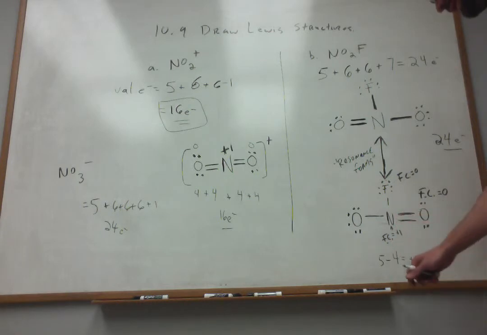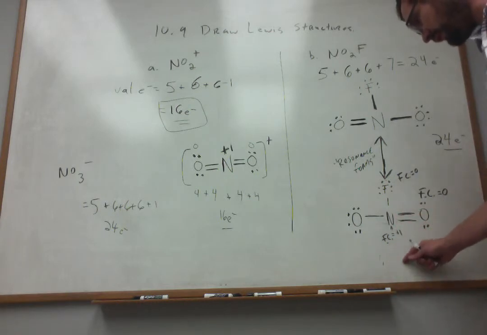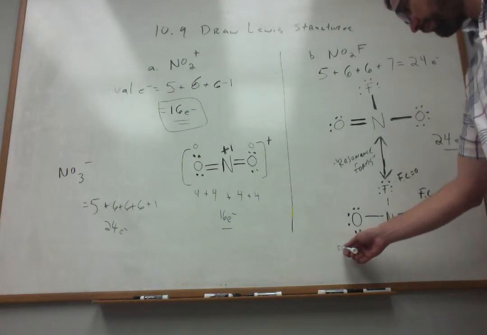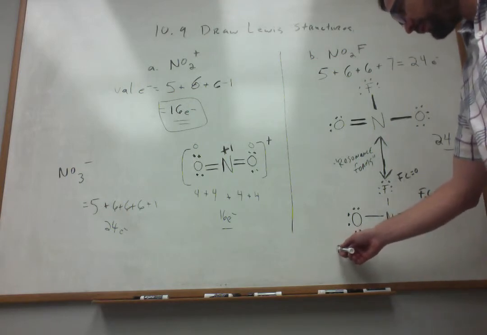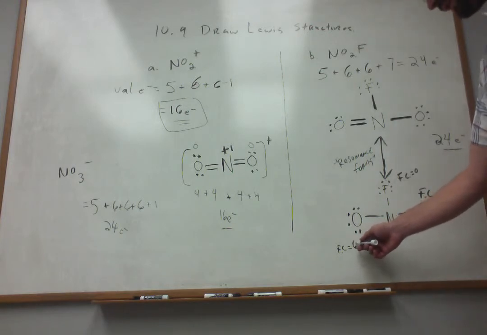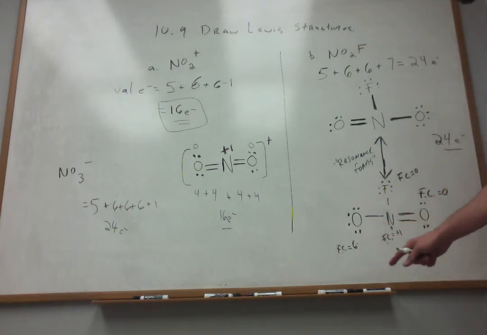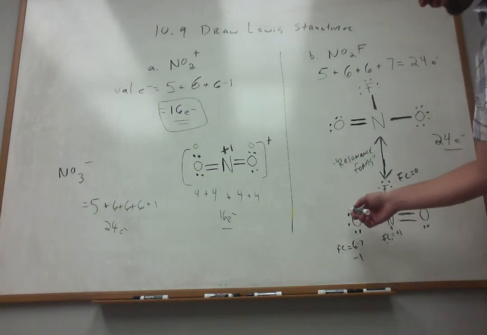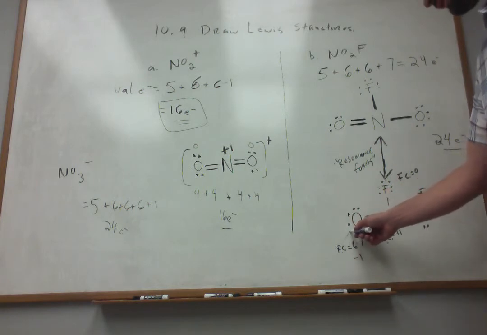And what about this oxygen over on the far left? I want to compute its formal charge. What's the value from the periodic table? 6 valence electrons. And how many are assigned to it? It looks like there's 7 assigned to it right now. So it's got a -1 formal charge.